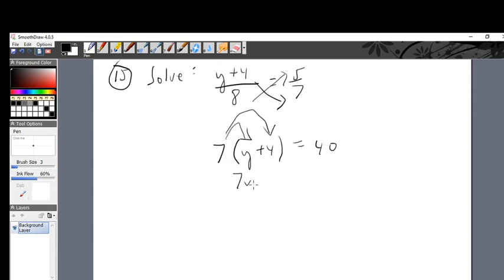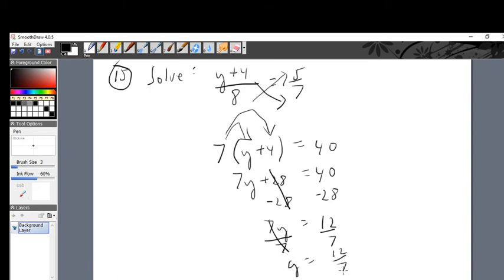You have 7y plus 28 equals 40. We're looking for y. Minus 28 left, minus 28 right. This is gone. 7y is equal to 40 minus 28, which is 12. Divide by 7 left, divide by 7 right, and you get y is equal to 12 sevenths.